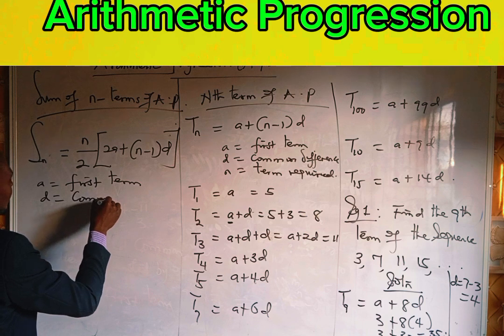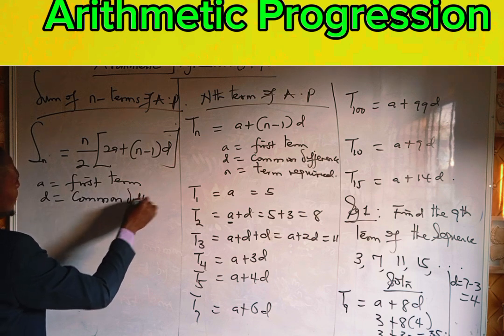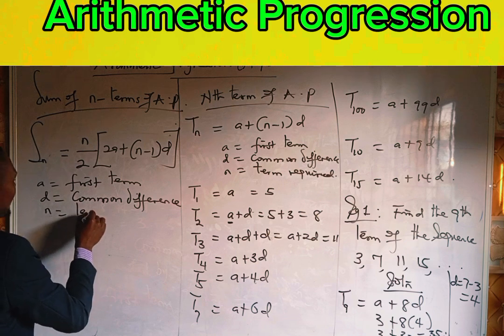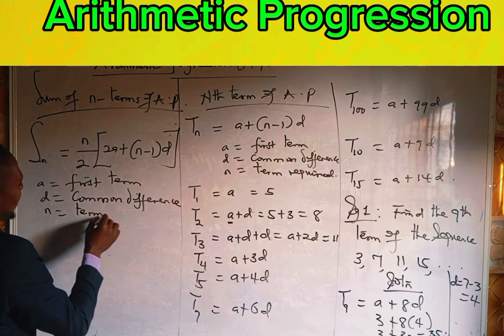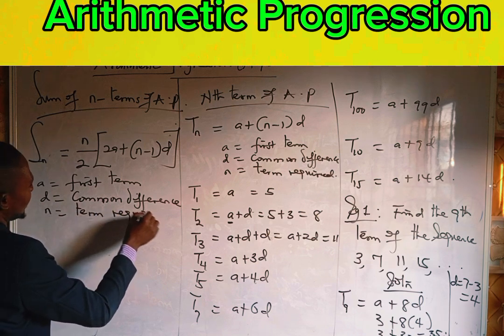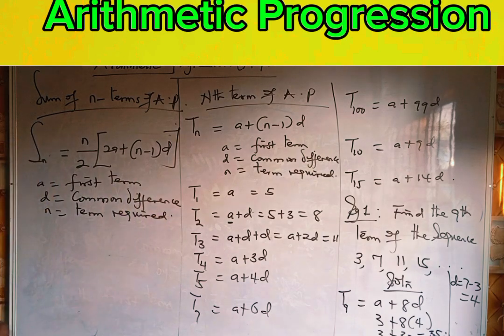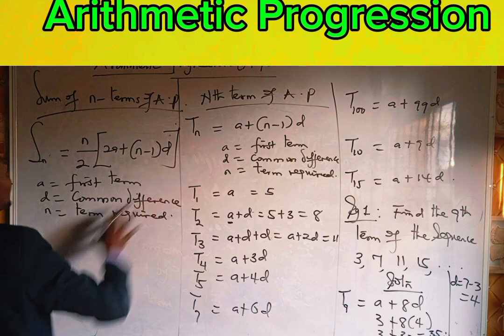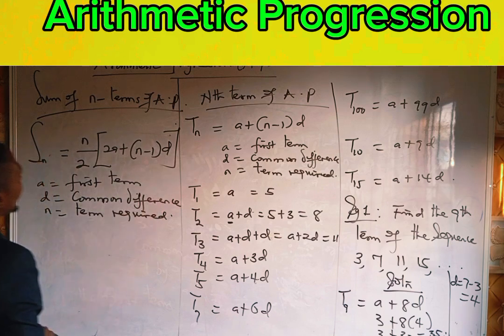Common difference. Now what is n? The number of terms to be summed, the terms required. Good. So this is the formula for finding the sum of n terms of AP.